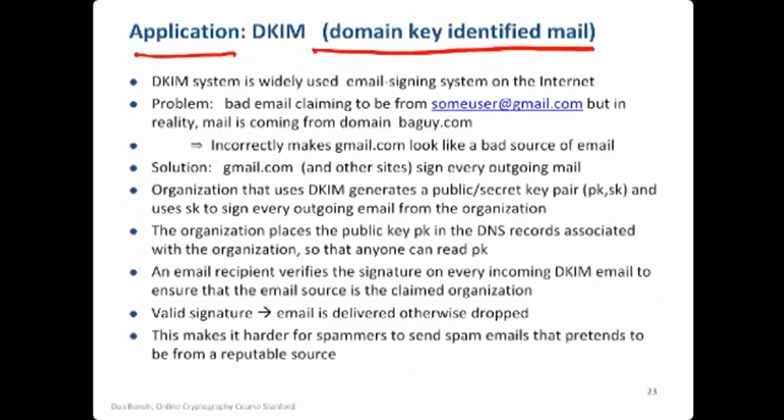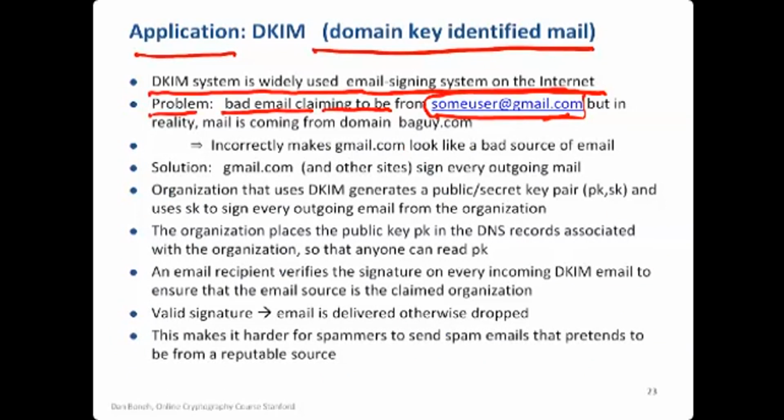So the DKIM system is widely used as an email signing system on the internet. What is the problem? The problem is a bad email claiming to be from some user at a domain. For example, you are getting an email which is from, say, some user like Ravi Mittal at gmail.com, from my Gmail address.